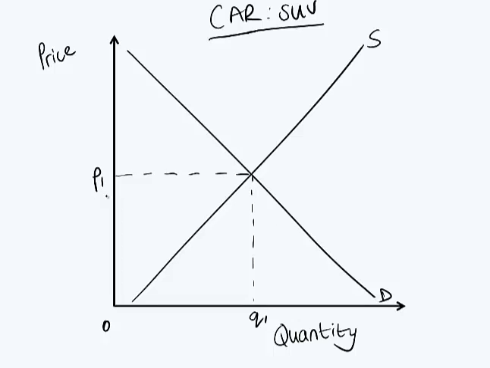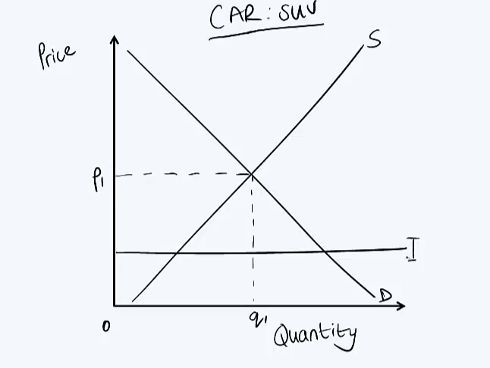But let's say I decide I'm going to start trading SUVs with the rest of the world. Now I'm going to draw a straight line like this, and I'm going to call it I. Now it's for the international market. Previously we used the quantity of Q1 and a price of P1.